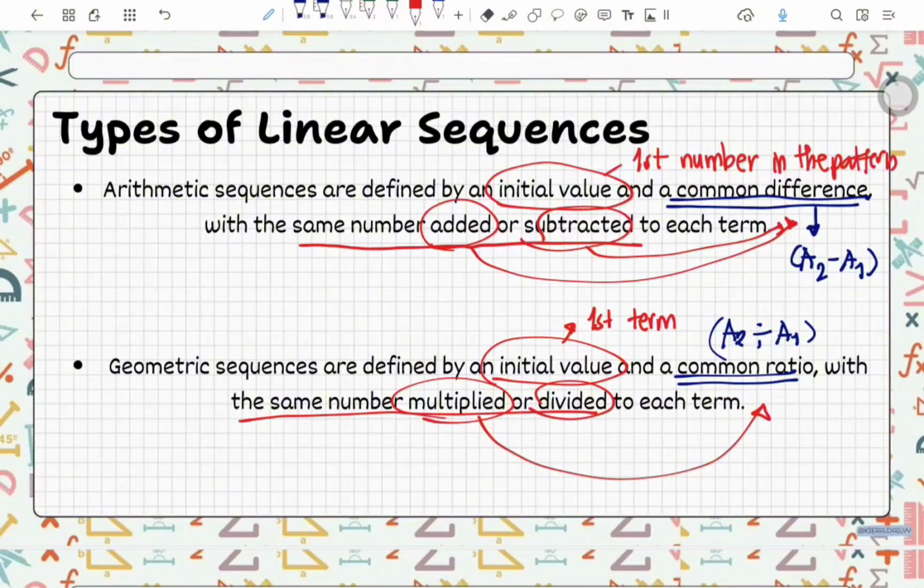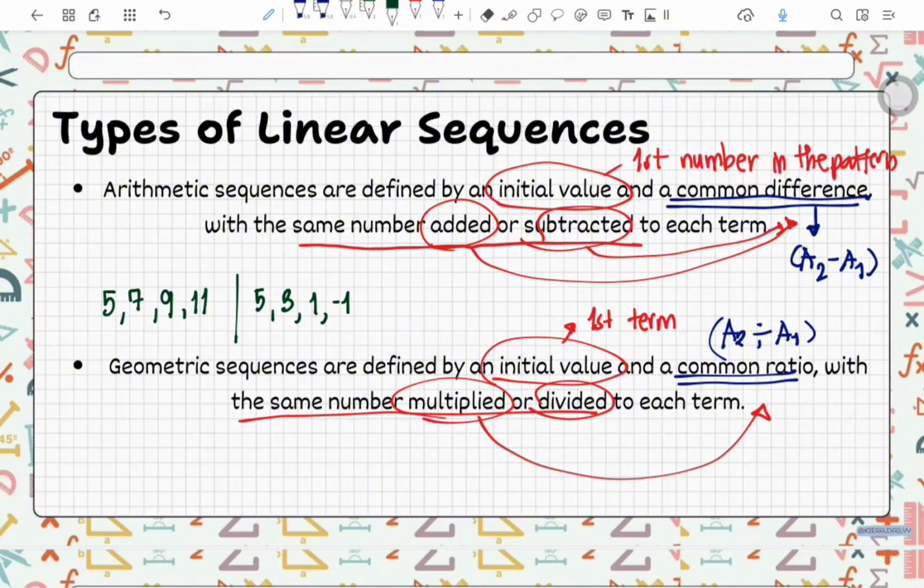Let's have an example of an arithmetic sequence: 5, 7, 9, because for the following numbers we have to add 2. But we can also subtract, for example 5, 3, 1, negative 1. What is the pattern? That is minus 2.